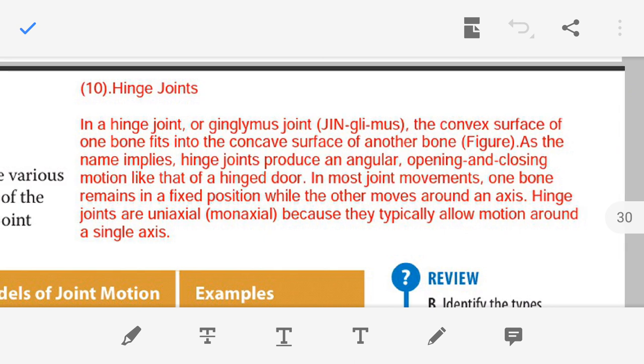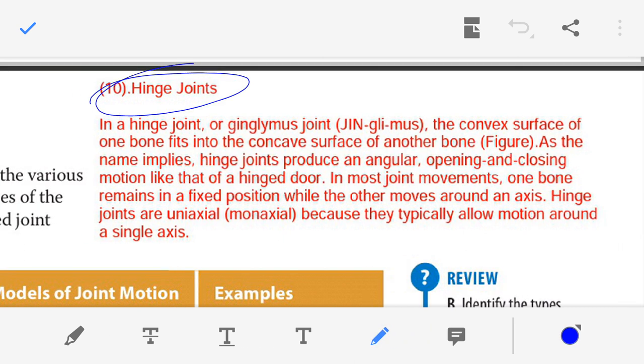Now the hinge joint, the other name of hinge joint is ginglymus. In a hinge joint, two bones are participating. One has a convex surface, the other has a concave surface, and the convex surface fits into the concave surface of the other bone.